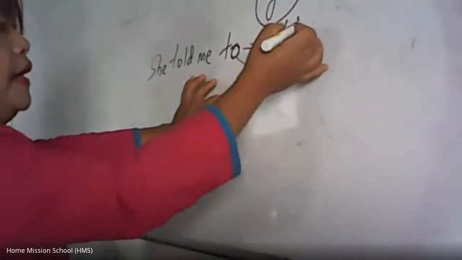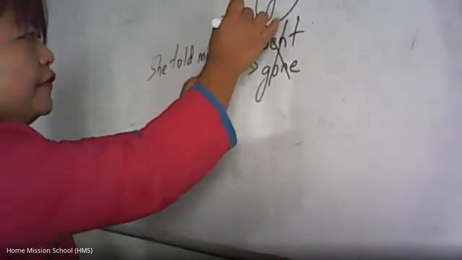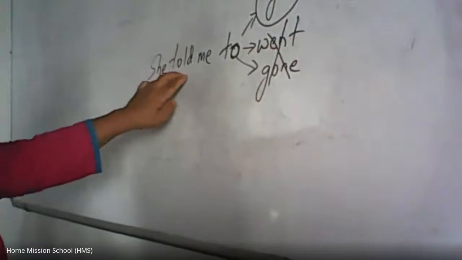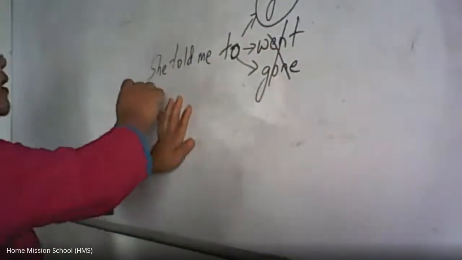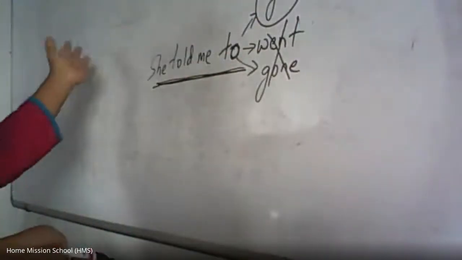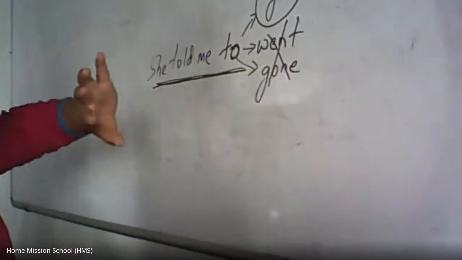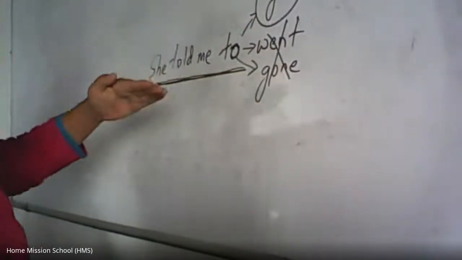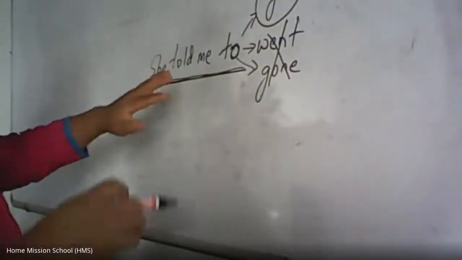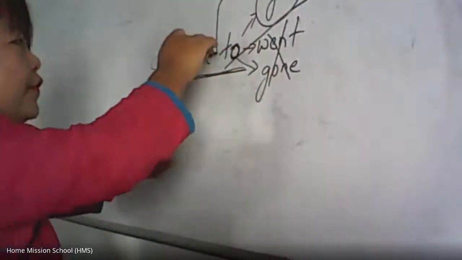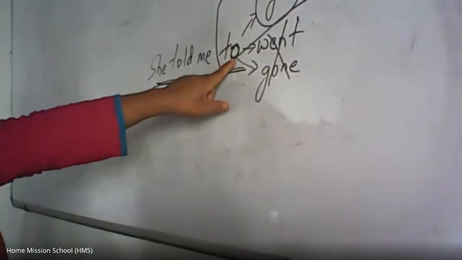So we have to use the first form of the verb, even though this sentence was told to me in the past.